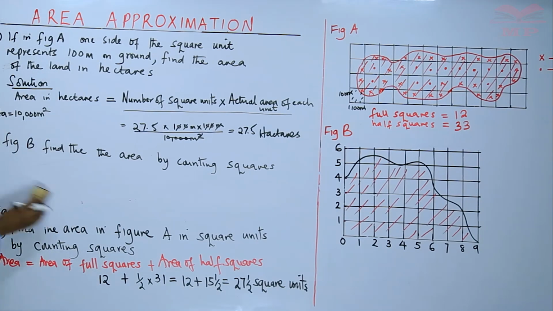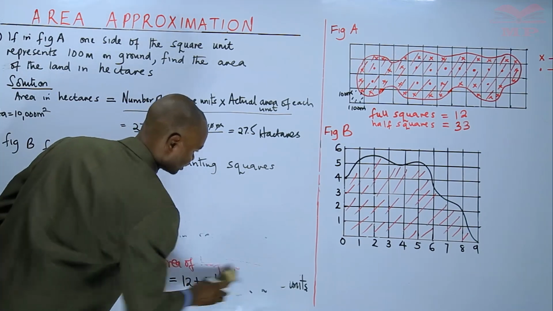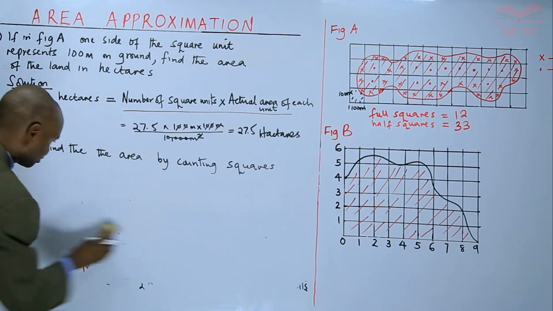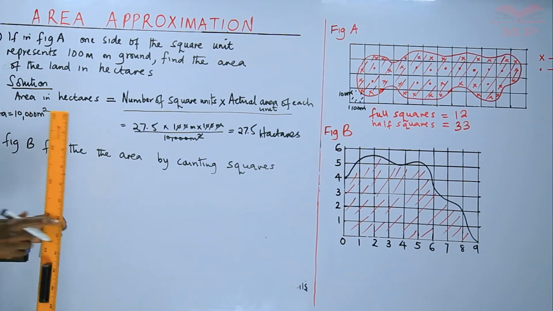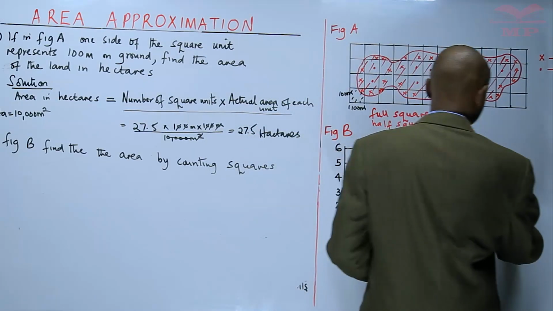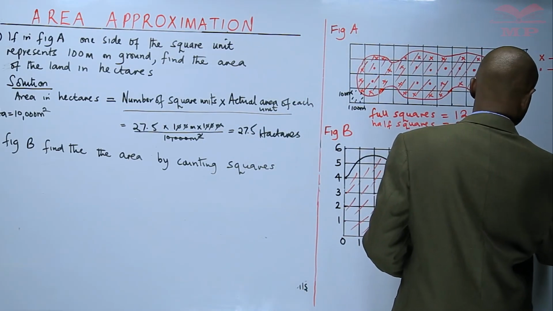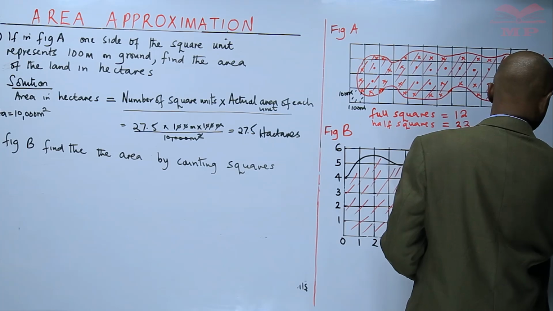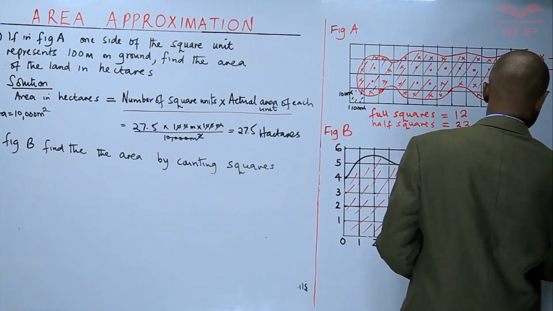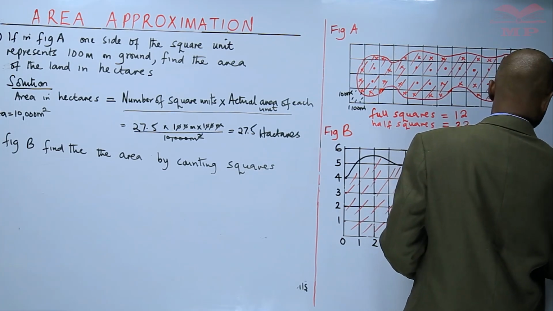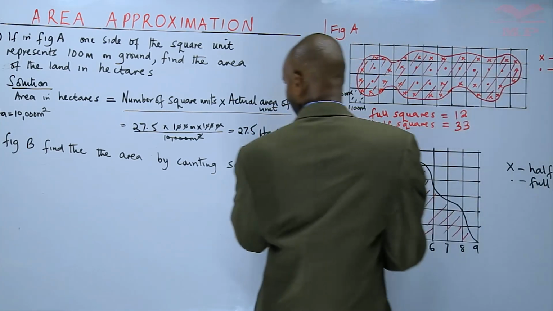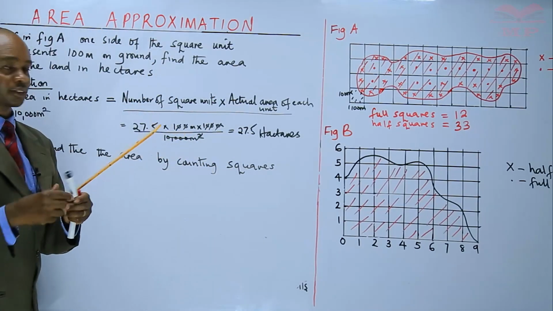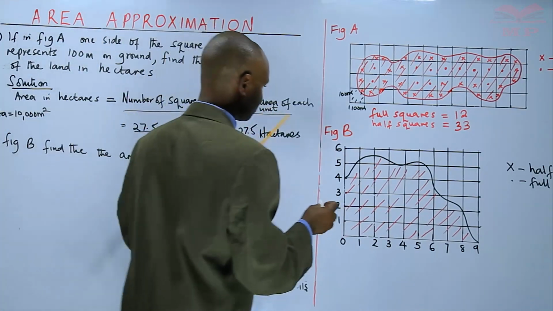So what you'll do, we shall just use the same method we used in the first figure, Lana. Use the first lesson. So you shall come here and just say x for half square and dot for full square. So without wasting time, I go to the full squares.